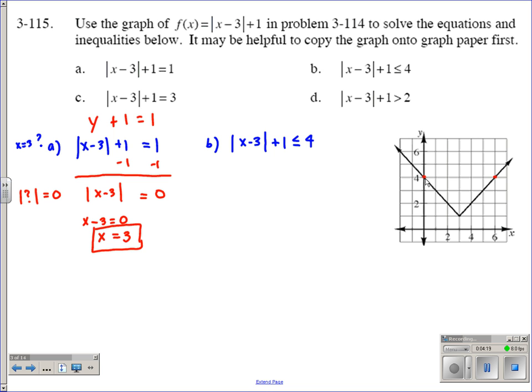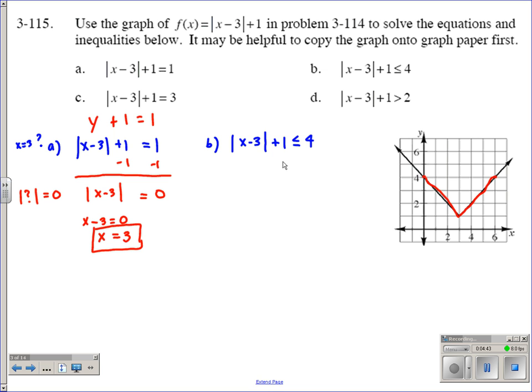But then we have to think about all the values that are less than 4. Well, that would include everything all the way down here and all the way up here. So since we're working backwards to find what our inputs would be, we know that our answer should end up being everything from 0 over to 6.